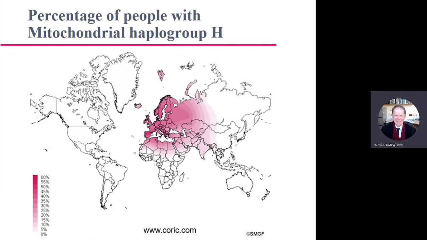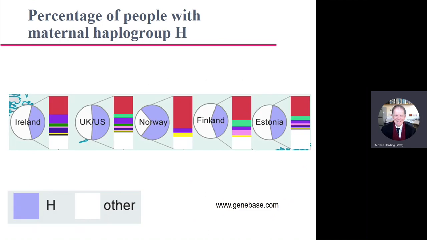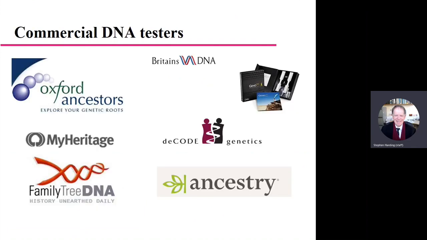But again, you can get sub-haplogroups. So within H, for Norway, most people have haplogroup H, but within that you get these sub-haplogroup differences as well, and that applies to the other mitochondrial groups. So there is some resolution, but not as great as you get with the Y chromosome.